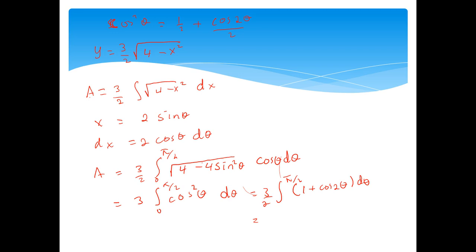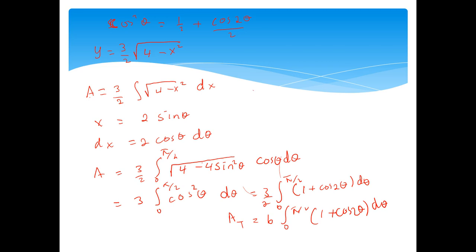So let's say area total is going to be equal to 3, that would be equal to 6, okay? 6 times the integral from 0 to pi over 2 of 1 plus cosine 2 theta d theta.